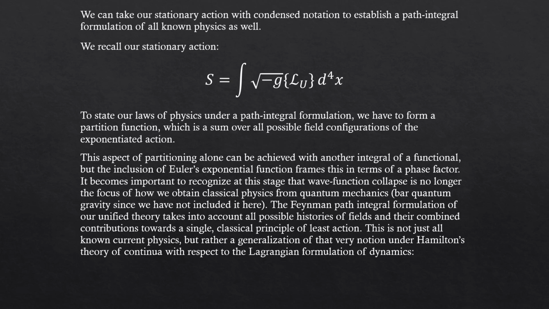So all of your quantum probabilities cancel out and lead to a classical action. So this is not just all known current physics, but it's more or less actually a generalization of that notion under Hamilton's theory of continua with respect to the Lagrangian formulation of dynamics. And this is that partition function. This is indeed related to an inner product of Dirac notation of our actual function.